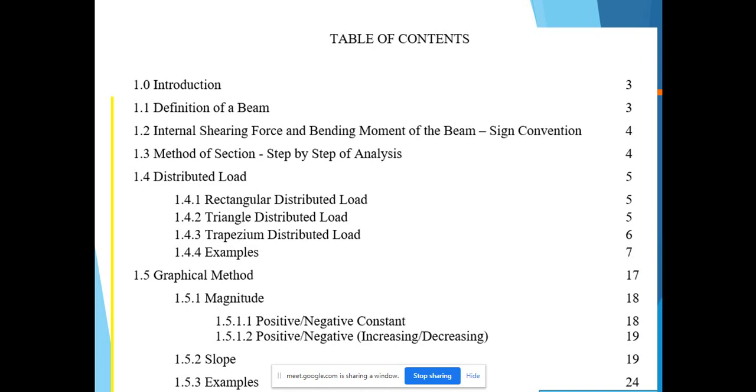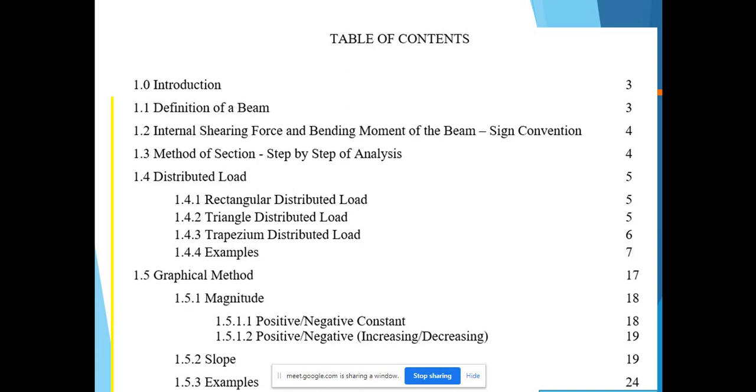And then the beam can be subjected to different loads. There are two basic types of load subjected to the beam. The first one is the concentrated load, and the second type is the distributed load.